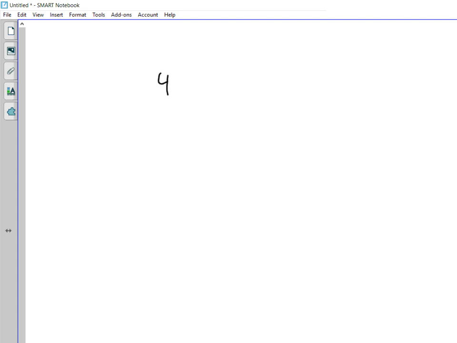Let's do 4x plus 3y equals, let's do 21. A couple of things to know about standard form. You have a y right there, that's your target. You're trying to get this y alone. That's the job.